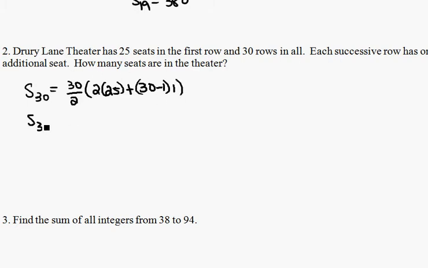So S sub 30 is equal to 15 times 2 times 25 is 50 plus 29. S sub 30 is equal to 15 times 79, which I don't really know what that is. So 15 times 79 is 1185.